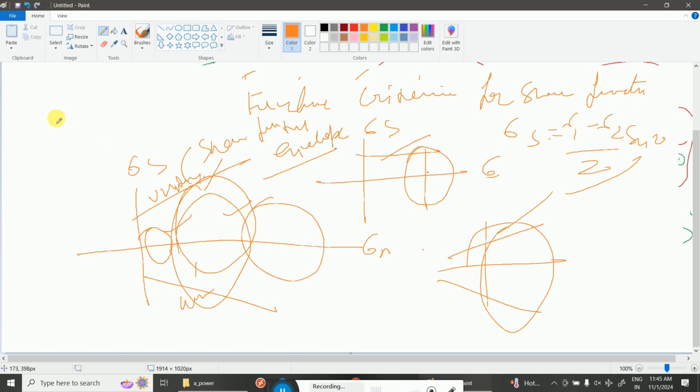Now come to the famous equation, the Mohr-Coulomb fracture criteria.